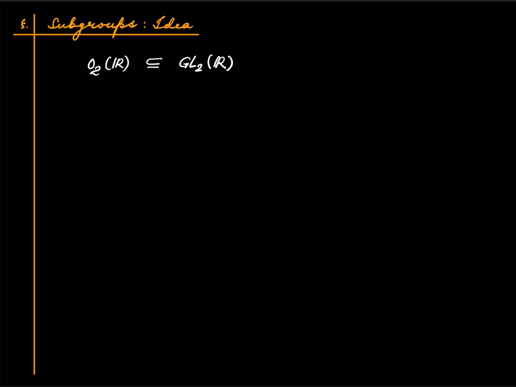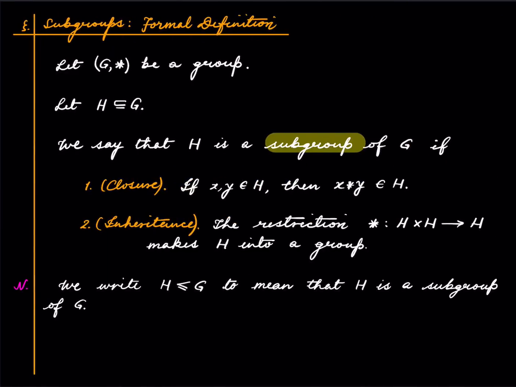Like here, we have the orthogonal group. So that's the idea of a subgroup. A group is supposed to be the set of symmetries of some abstract object hidden from us. A subgroup of it is supposed to be a set of special symmetries which preserves more things in the abstract object. Anyway, that doesn't make sense yet. It will ultimately make sense at some point. Right now, let's get into the formal definition.